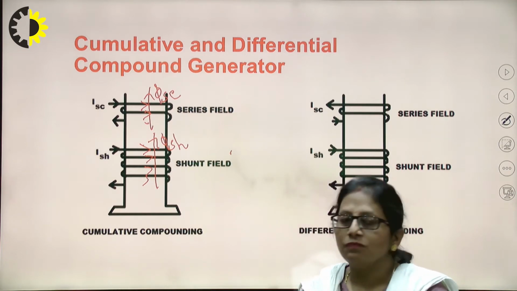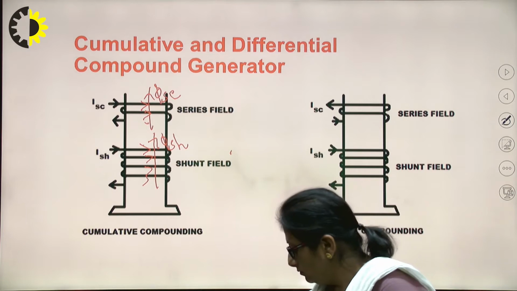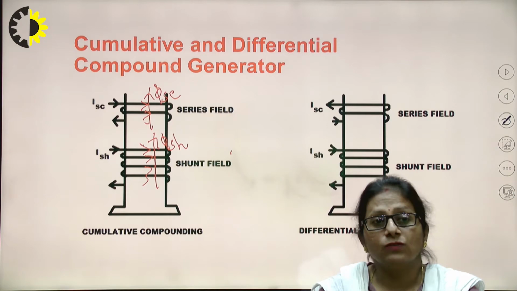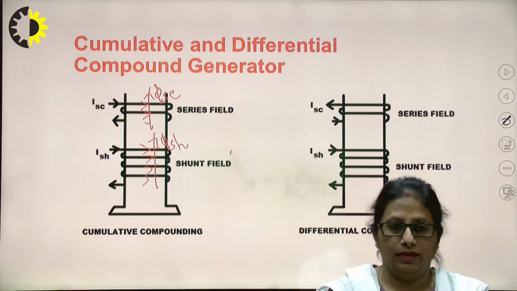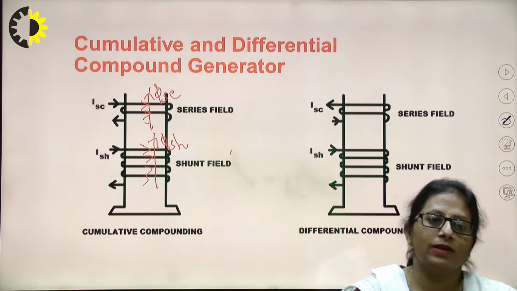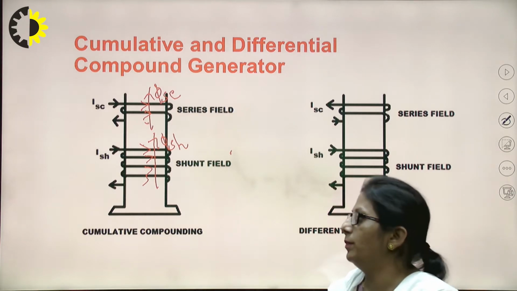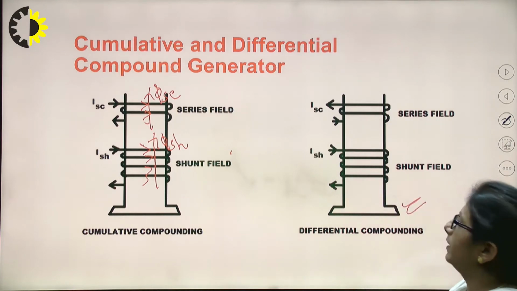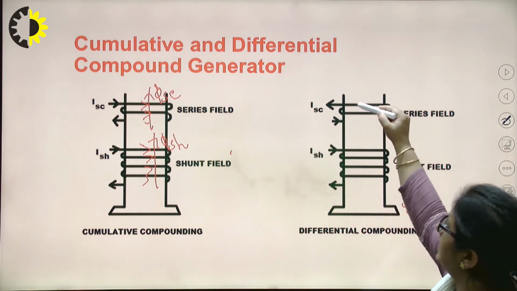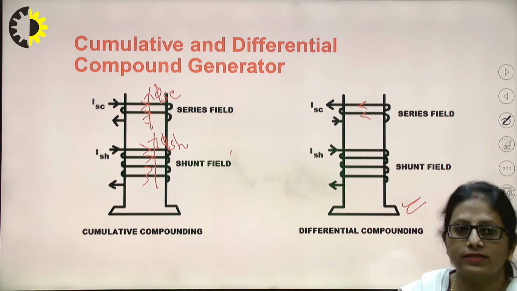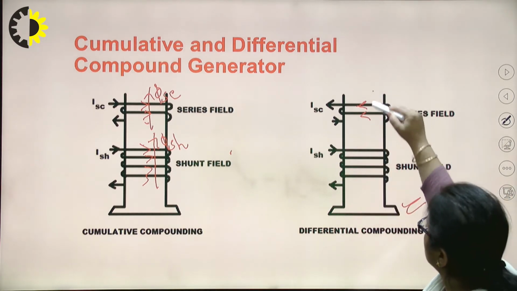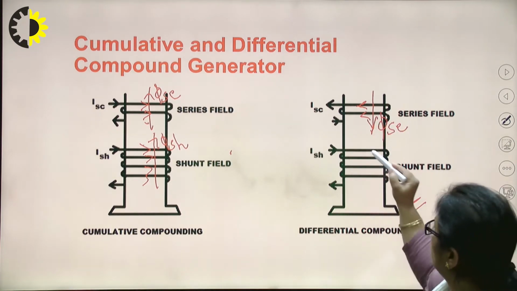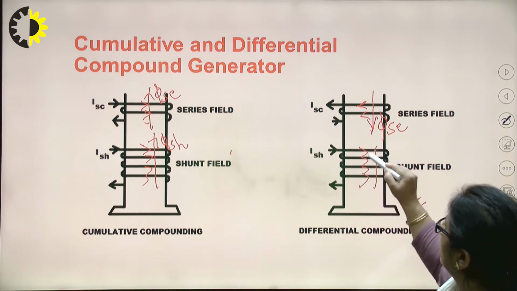It means that the net flux would be an increased flux, or a cumulative flux. That's why we call it a cumulative compound generator. Whereas, if you see the other figure, that is for a differential one. In this case, the direction for the series is reversed. That means the flux produced would be in the opposite direction, say phi SC, and the flux produced by the shunt field winding will be in the upward direction.